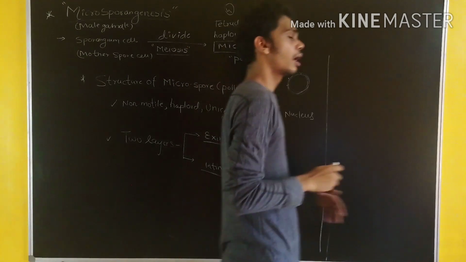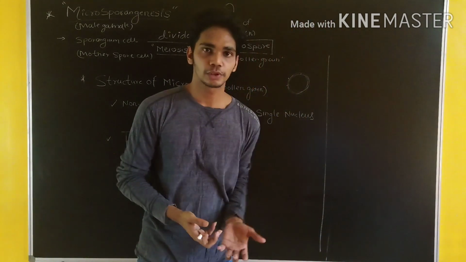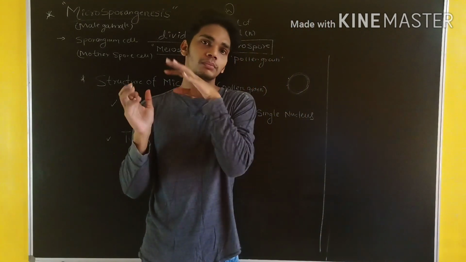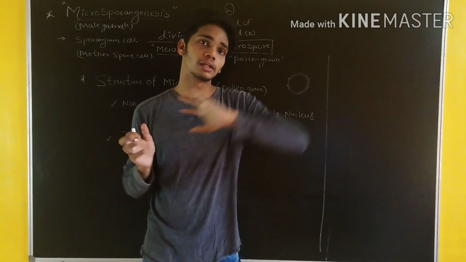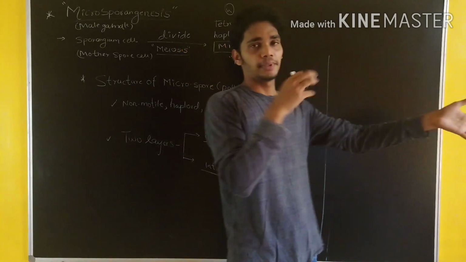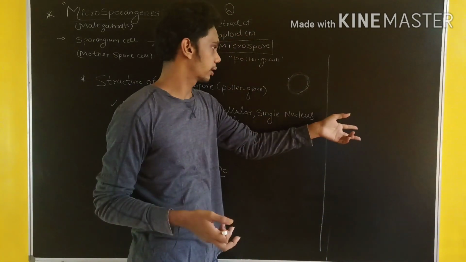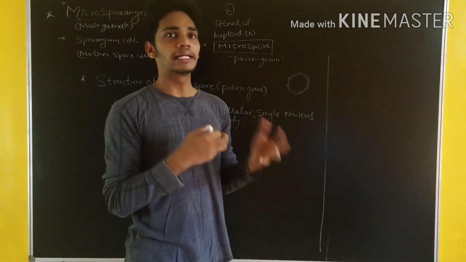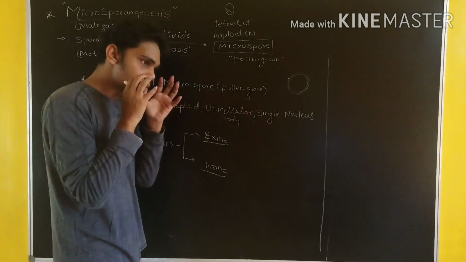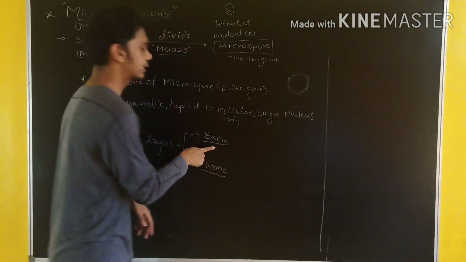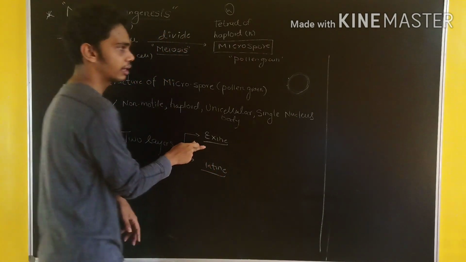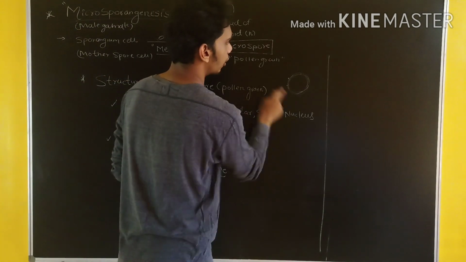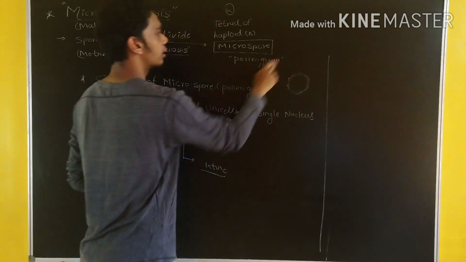Now tell me one thing, we heard about the pollination process, the transfer of pollen grains from the anther to the stigma, the female reproductive part. While transferring, it definitely comes across many obstacles. To overcome those obstacles, this exine helps. It acts like a protective layer, the outer layer.